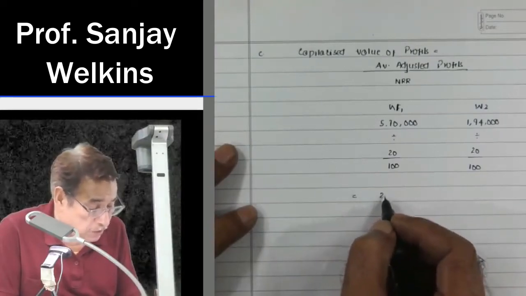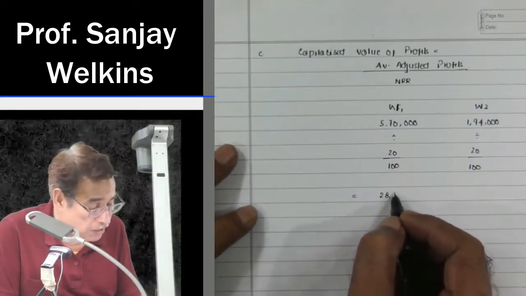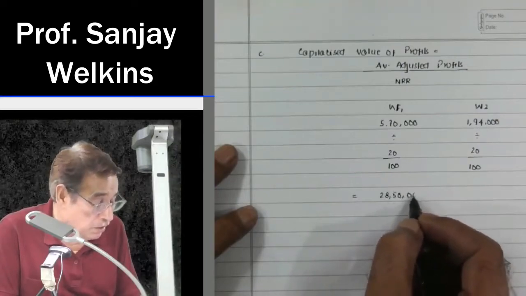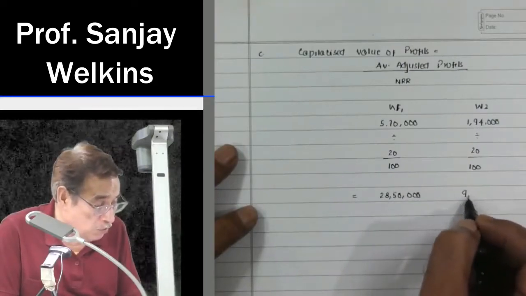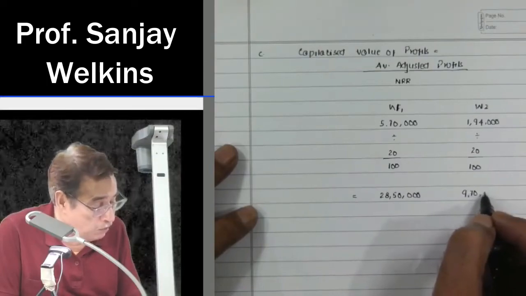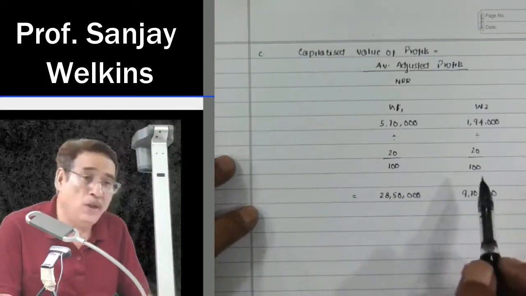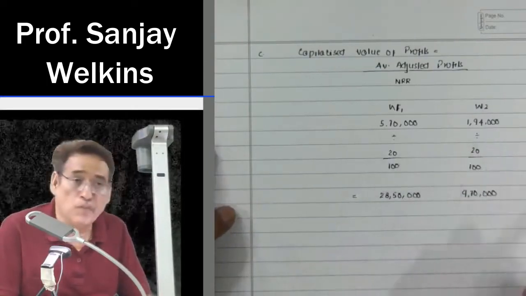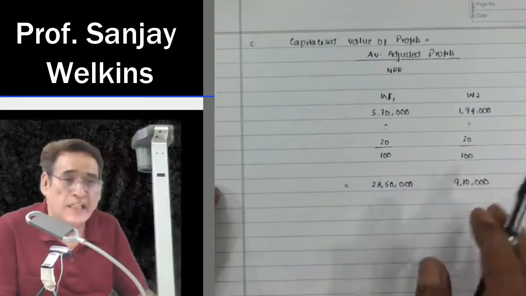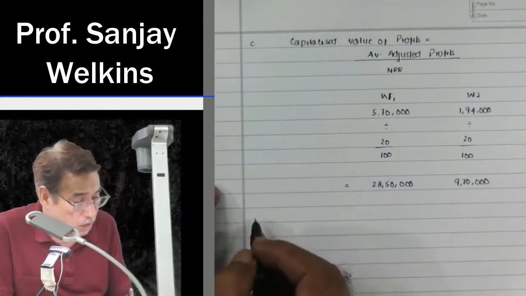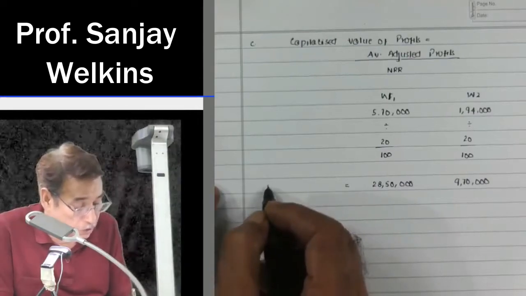This is capitalized value. I told you what capitalized value signifies. Capitalized value signifies the amount of capital which would be required by other firms to acquire this much of profit. Correct? So now this is actually your capitalized value.